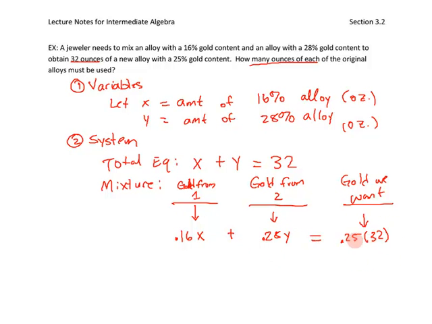That is what your mixture equation looks like: 16% of alloy 1 plus 28% of alloy 2 is equal to 25% of the total amount that he wants. Now if I just plug that in my calculator, I see it is 8. So I end up with the following system of equations: 1x plus y is equal to 32, and 0.16x plus 0.28y is equal to 8.